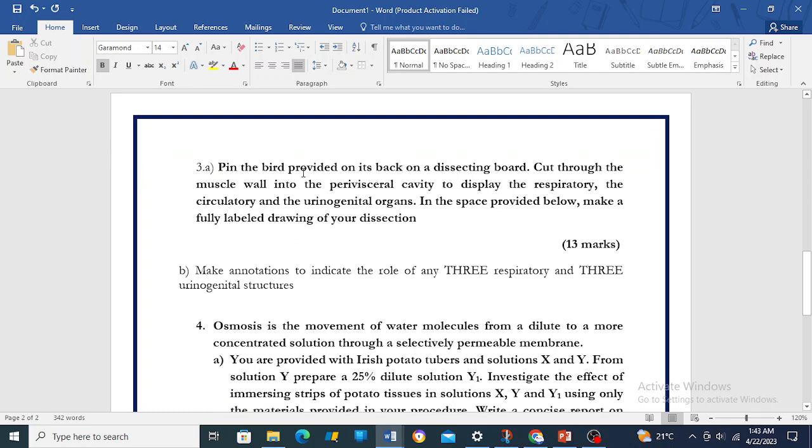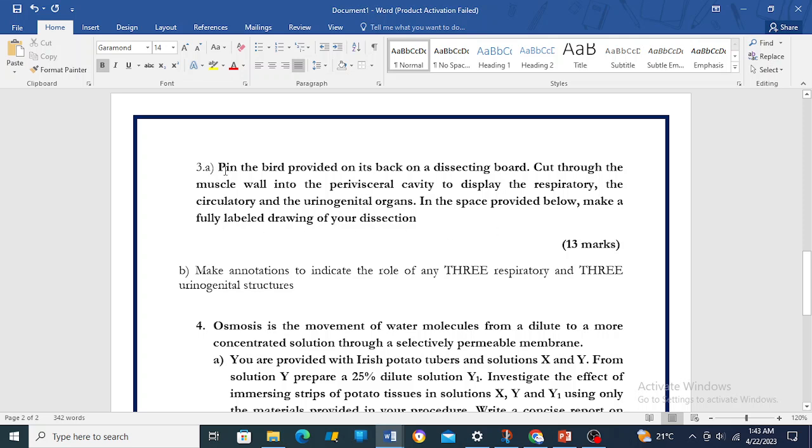Okay, question 3 is now on dissection. Pin the bird provided on its back on a dissecting board. Cut through the ventral body wall into the peritoneal cavity to display the respiratory, the circulatory, and the urinogenital organs. In the space provided, make a full labelled diagram of your dissection.